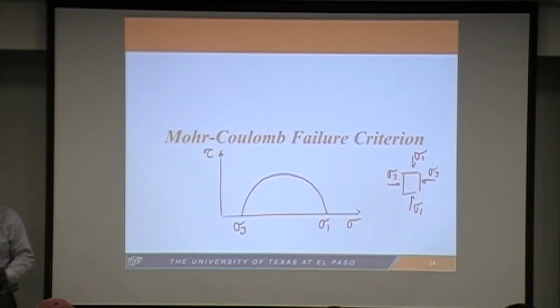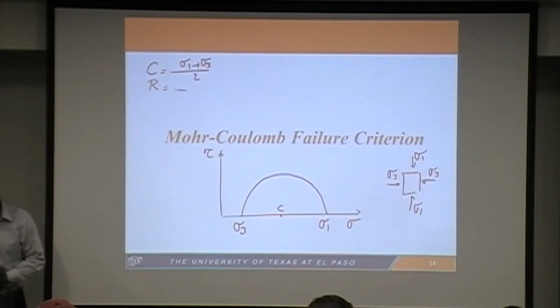Alright, what do you have here? You have a center here. What was the definition of the center, or how do you calculate the center? Do you agree with that? This is your center here: sigma 1 plus sigma 3 divided by 2. How about the radius of the Mohr circle?